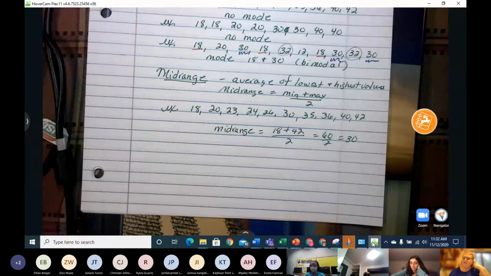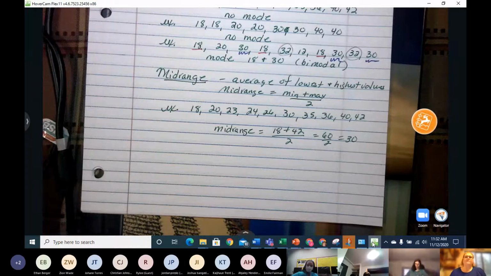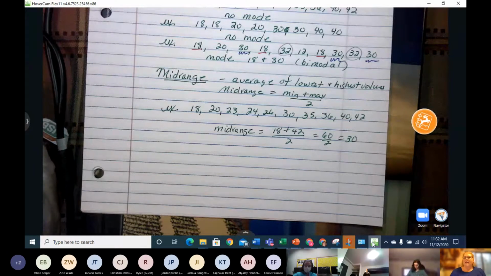For example, a lot of times companies will say our average salary is $30,000, but they've included the executives who make a lot of money with the line workers in the factory, and the factory line workers don't make a whole lot, and the executive makes a whole lot, so it boosts the salary up to make you think you're going to earn a lot of money.